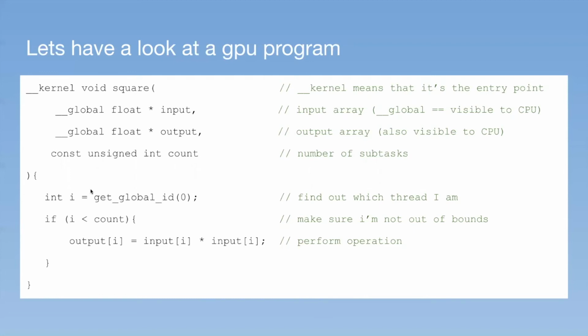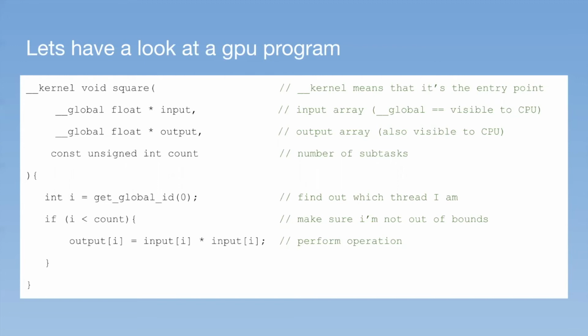The first word is the kernel keyword, and this basically says that this is your main function, right? This is your entry point. This is where your function starts, because this function is going to be called a lot of times, right? Because when you set off your job, you're going to say execute this function 1,000 times or something like that.